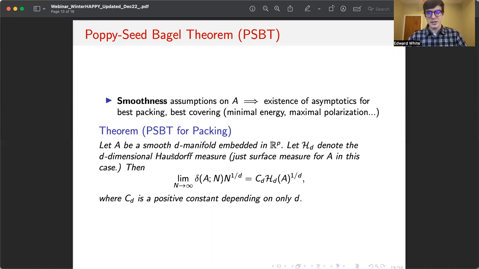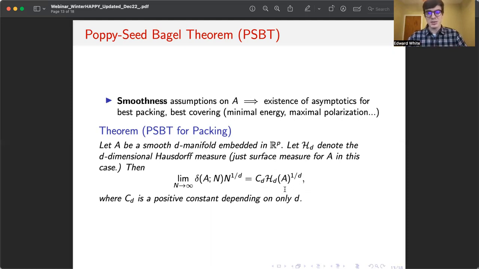So in particular, we just want to note the following implication: if you hand me a smooth manifold, say a torus, then we can evenly and asymptotically spread a very large number of poppy seeds. If we imagine the seeds are our covering points or our packing points here, we can evenly spread them with respect to the surface measure of that torus.